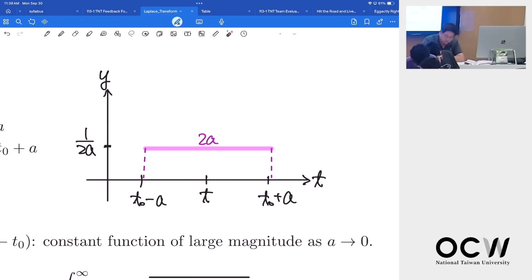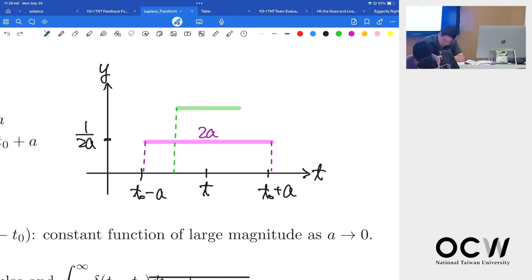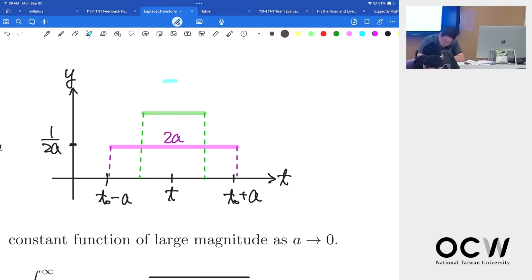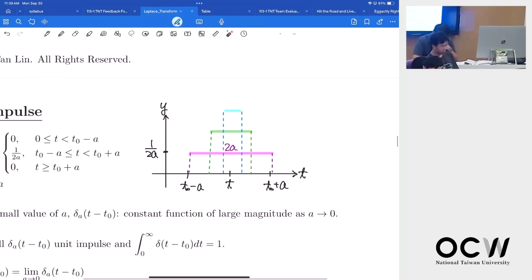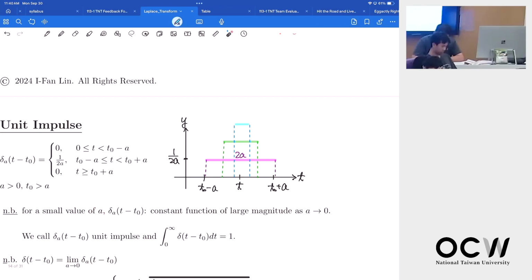So they will go up. For a smaller value of a, this function will become a constant function of large magnitude, because as a gets smaller and smaller, the height goes up.